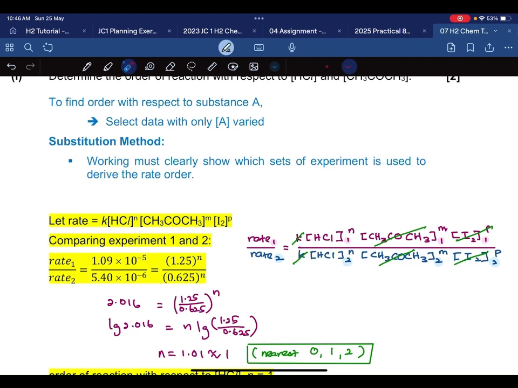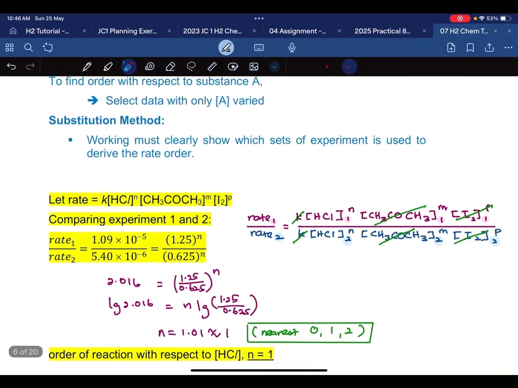Now, although we know that the order of reactions could be fractions or decimals, in H2 calculations, for the rate order, you will definitely get it in terms of 0, 1, or 2 only. So please round off to the nearest 0, 1, or 2 unless stated otherwise in the question.